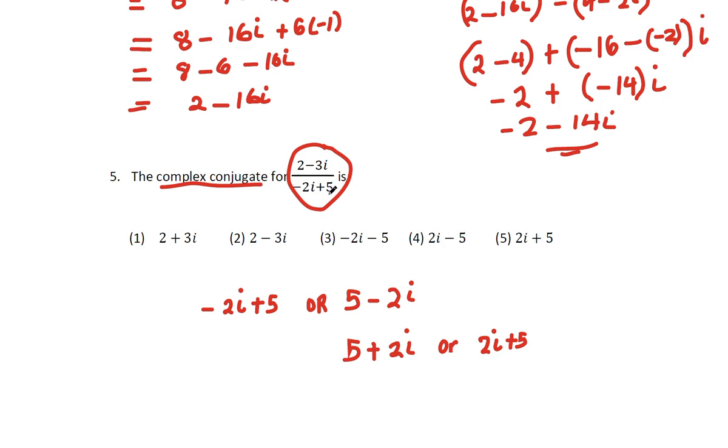So the real component is the 5, and the imaginary component here is the negative 2, which is multiplied by i. By changing that to a positive, because it's negative right here, I get 5 plus 2i, or simply 2i plus 5. The order here does not matter. So the answer is 2i plus 5, which is indeed option 5.